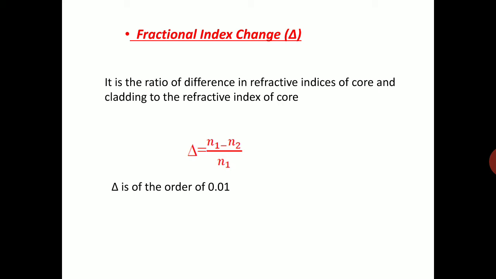If there is a large difference between the refractive indices of core and cladding, it leads to some distortion called dispersion, which we are going to discuss in future. So to avoid this distortion, the difference between n1 and n2 is minimized as much as possible.